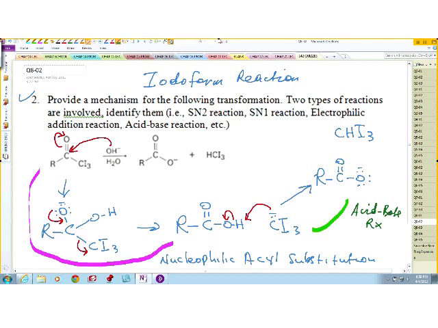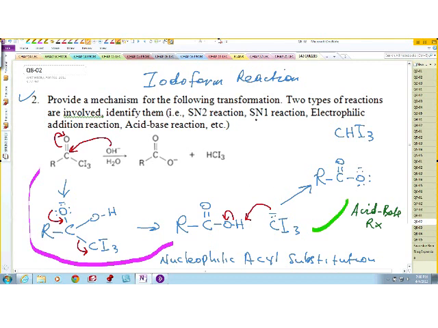If I said SN2 reaction, would it be correct or not? Oh, no, this is not an SN2 reaction. Not this second one, but the first one. The nucleophilic acyl substitution? No, it is not an SN2 because SN2 has to involve an sp3 carbon atom.